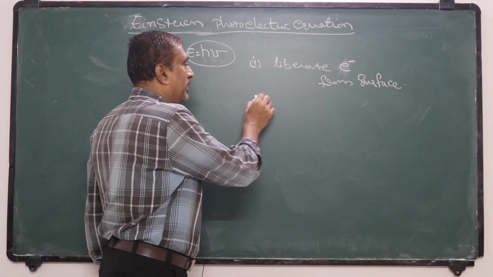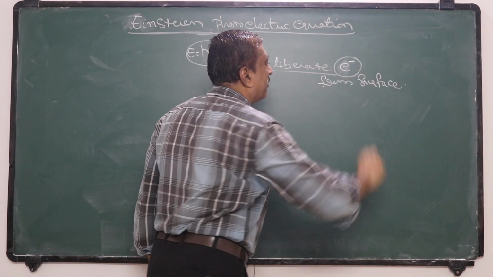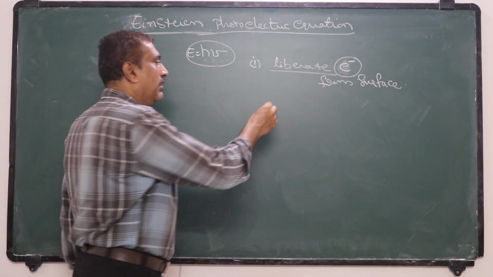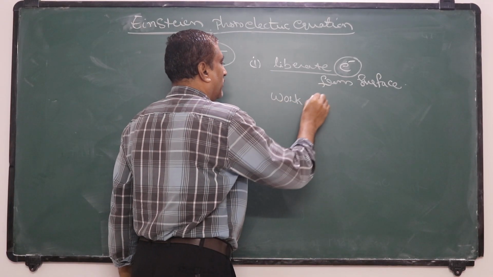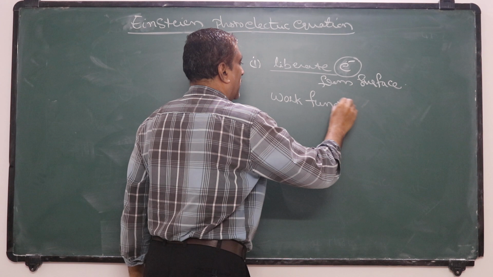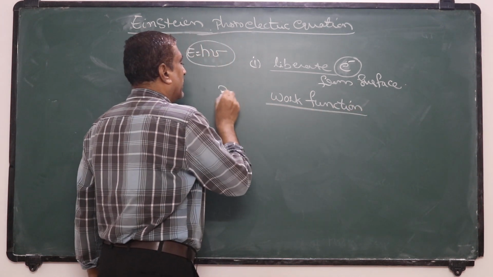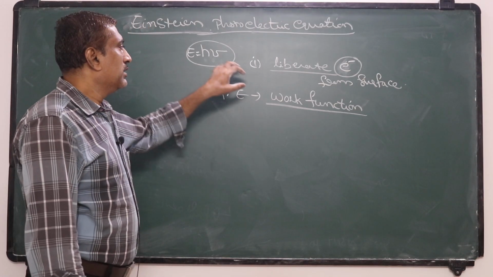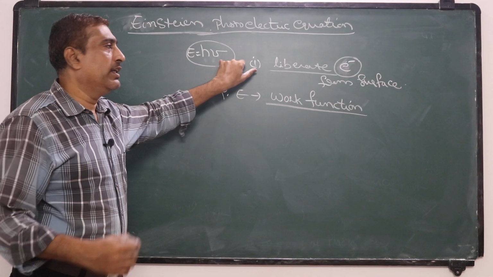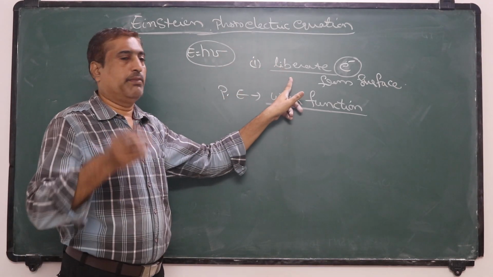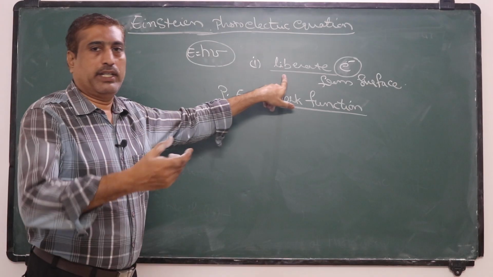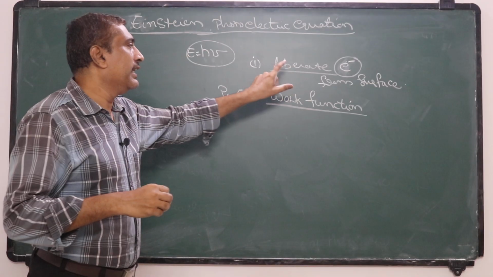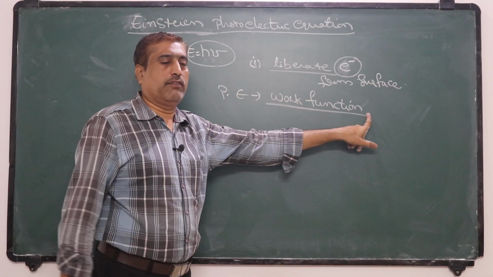And the second part: to emit an electron from a metal surface, a minimum amount of energy is required, and that energy is called the photoelectric work function. So the given energy is used in two parts. The first part liberates the electron, and that amount of energy is the work function.